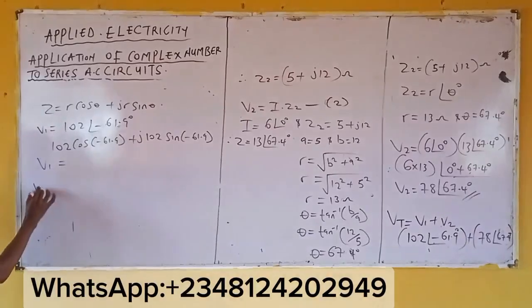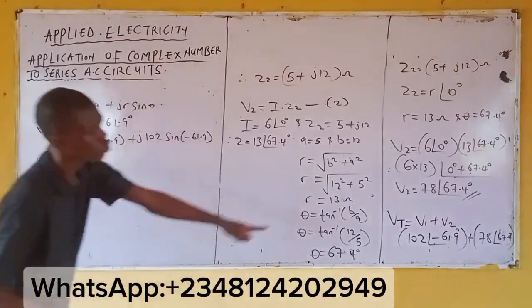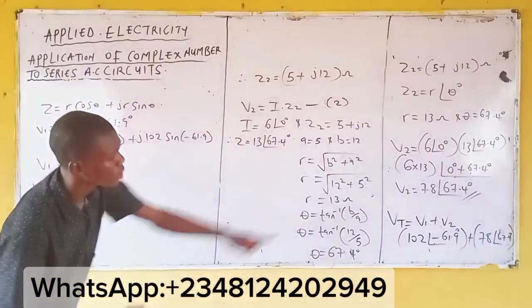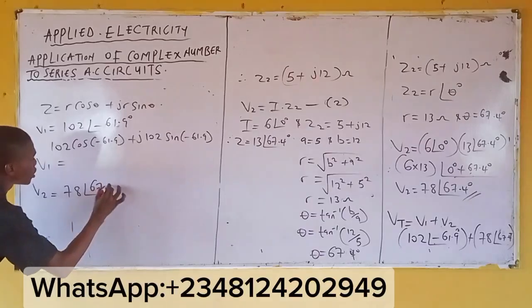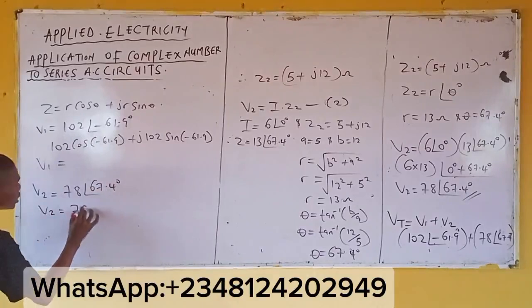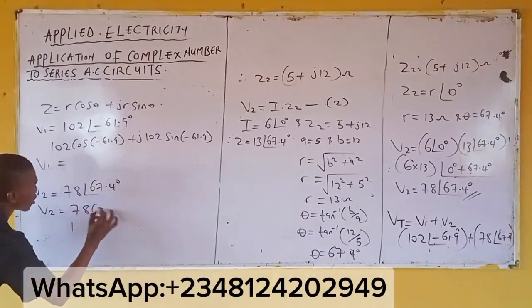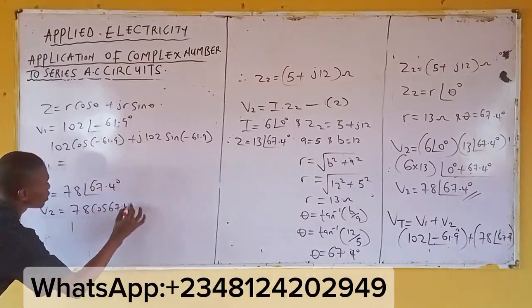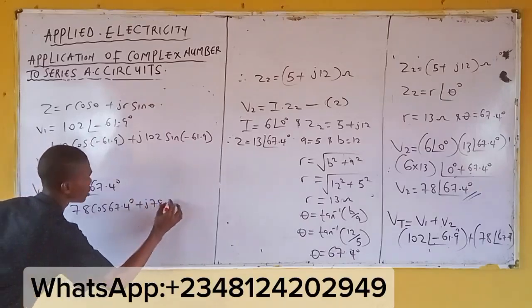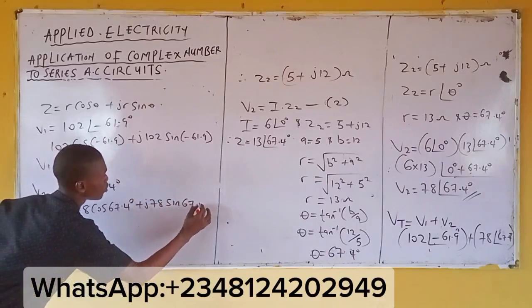Similarly, for V2, what is V2? 78 at 67.4 degrees, which is the same as writing 78 cos 67.4 degrees plus j78 sin 67.4 degrees.